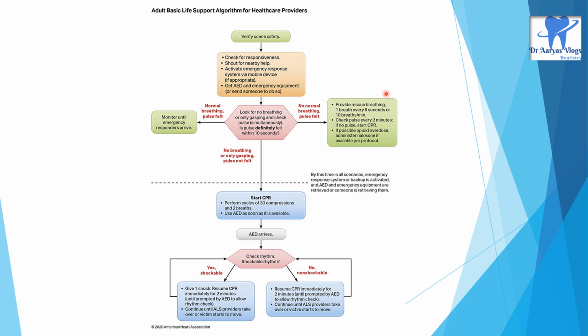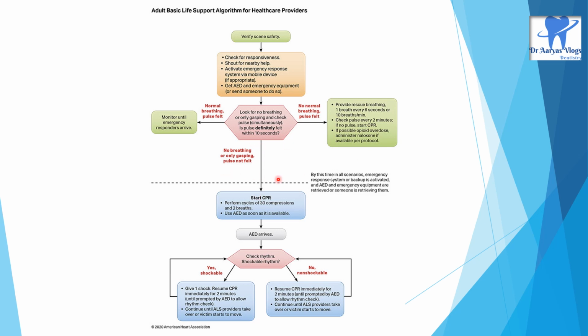If there is no normal breathing but a pulse is felt, provide rescue breathing, that is 1 breath every 6 seconds or 10 breaths per minute, and check the pulse every 2 minutes. If there is no pulse, then start CPR. If possible opioid overdose, administer naloxone if available per protocol.